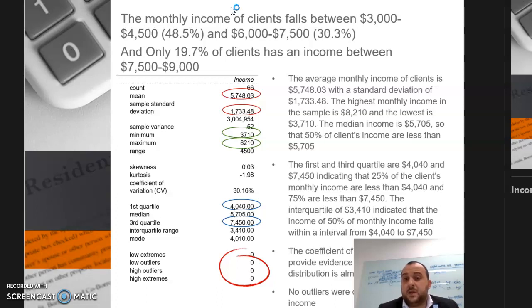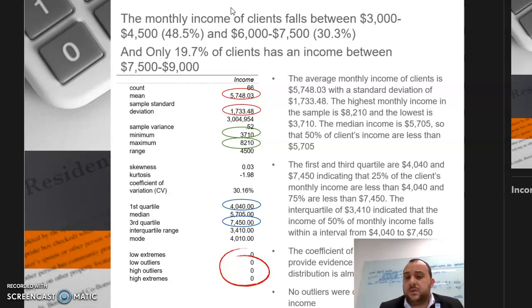Other clients, 30.3%, have a salary between 6,000 and 7,500. A very small percentage, 19.7%, has a salary between 7,500 and 9,000.